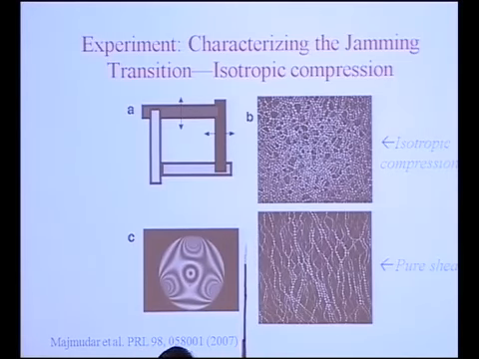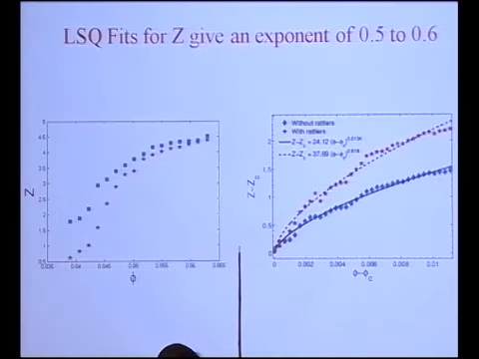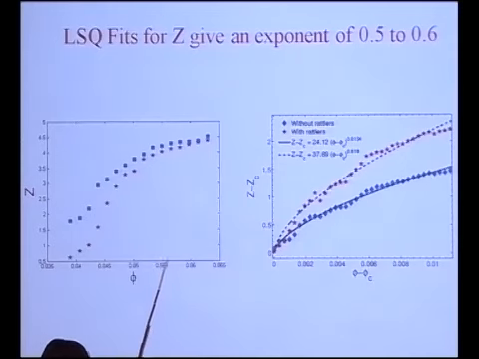Okay, so we go back now to our photoelastic system and our little squeezer device, and we're looking at isotropic systems, and we're now measuring the forces of the contacts, and we're measuring the number of contacts, and from that we can then get all quantities of interest, including pressure, and of course the average contact number.